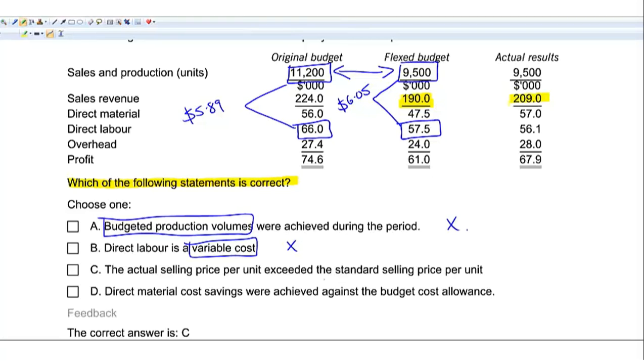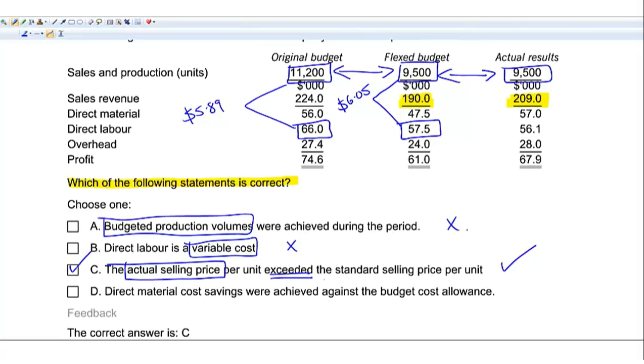We received more than that, so we've sold the same number of units because we can see that they are identical here, but we've managed to achieve a higher sales revenue. Therefore, that can only have happened because our actual selling price exceeded our standard selling price that we would have used in the flex budget. Therefore, statement C is correct, and response option C is the correct answer.